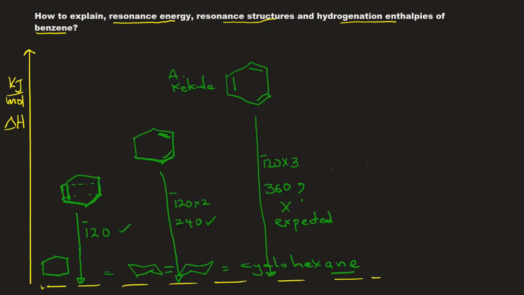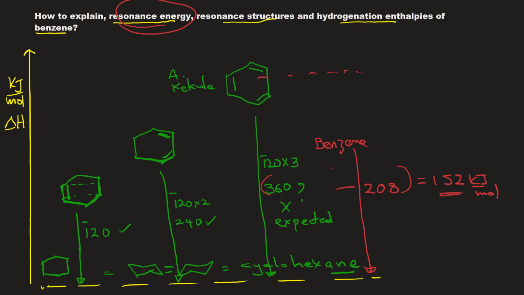That's the expectation from the first two examples. Instead, benzene hydrogenation gives you only about 208 kilojoules per mole. Now see the difference: 360 minus 208, about 150 kilojoules per mole.